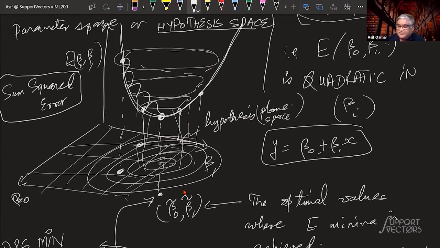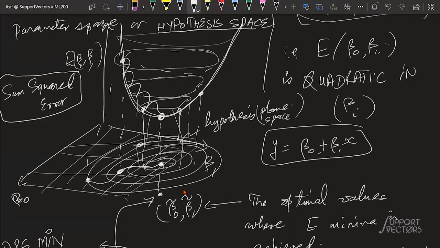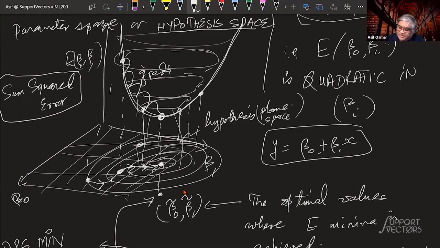This error surface, the shadows of these circles, these contour maps, are sort of level surfaces. You take a random point, suppose you start here, it has a huge error, and you're finding your way through gradient descent towards the center, the minimum. This is your gradient descent.